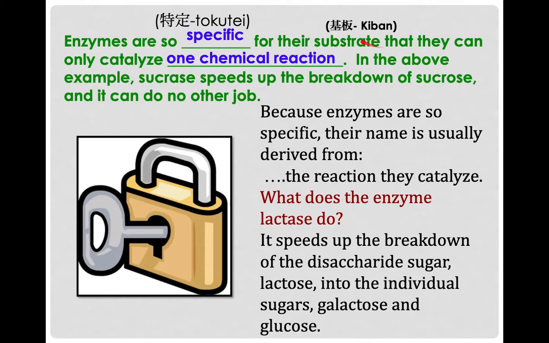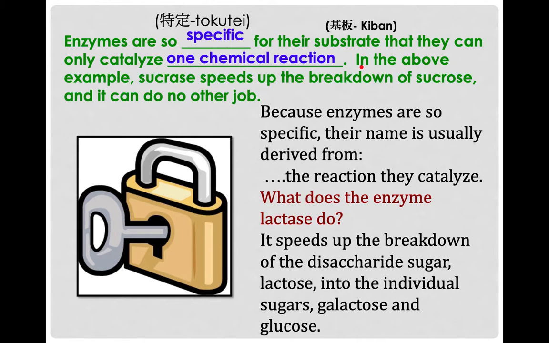Okay, so this is a good word to write down. Substrate. Specific. Okay, enzymes are so specific for their substrate that they can only catalyze, and catalyze means to make the reaction go faster, one chemical reaction. They can only work for one chemical reaction. Okay.